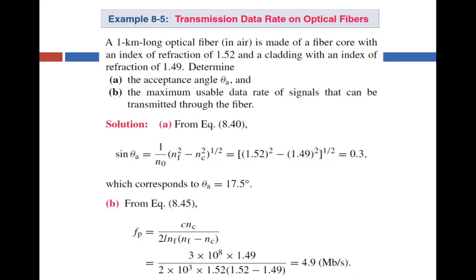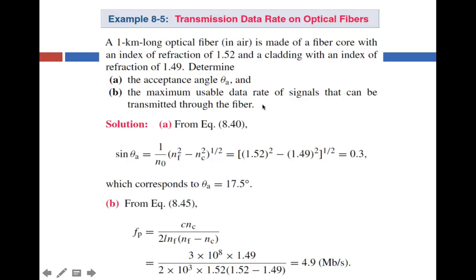Here's just an example showing some numbers. This would be a 1 kilometer long optical fiber in air. Fiber core with an index of refraction of 1.52, a cladding with an index of refraction of 1.49. You're asked to determine the acceptance angle and the maximum usable data rate of signals.